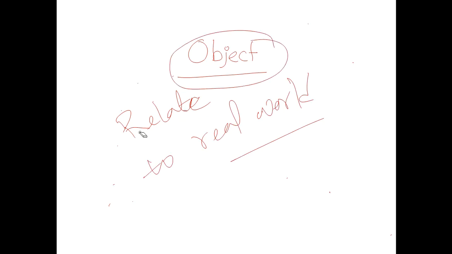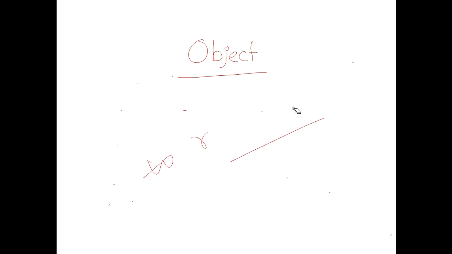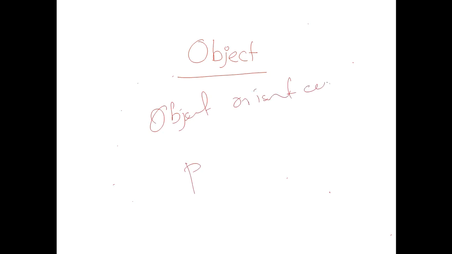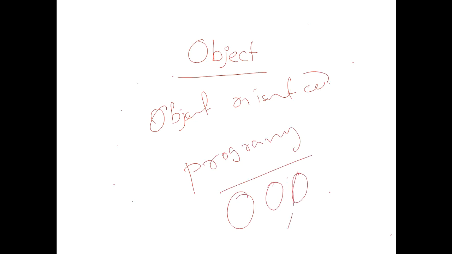So we have started the concept of object. Let us understand more about what this actually means. Because in object-oriented programming, the subject name, object-oriented programming, in short we call OOP. Object-oriented programming means the programming language which is built around the object.